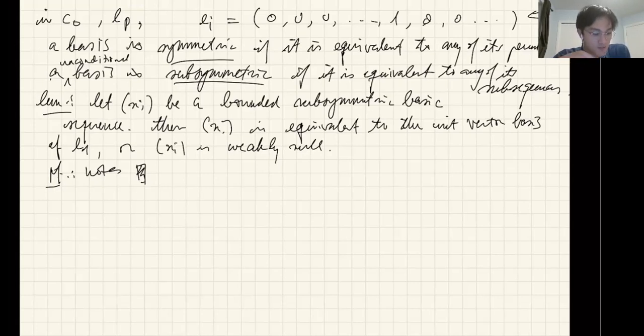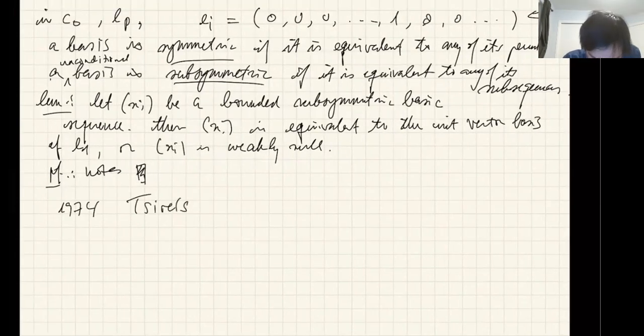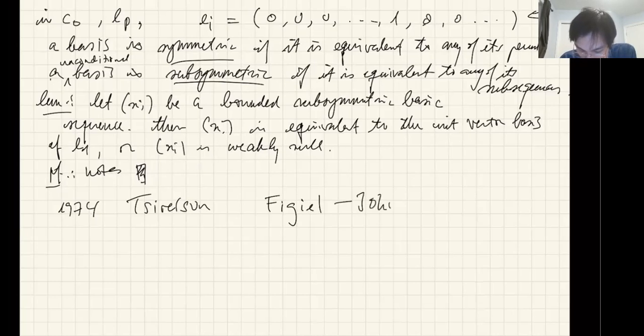The same year, 1974, another pair of authors, Figiel and Johnson, found a characterization of another space that also doesn't contain c0 or l_p, and it turns out to be the dual of the original space.